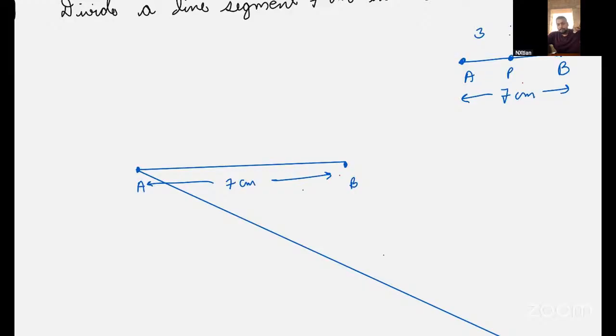Now put the needle tip on the A, here. Put the needle tip here and open the compass a little. You can open it a little like this. Not too big, not too small. Can you show me how much you are opening?